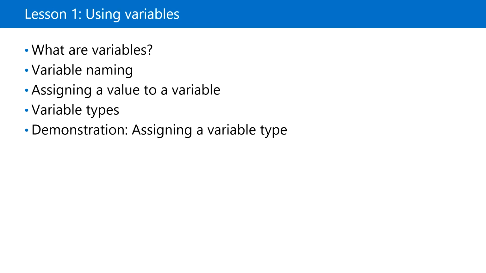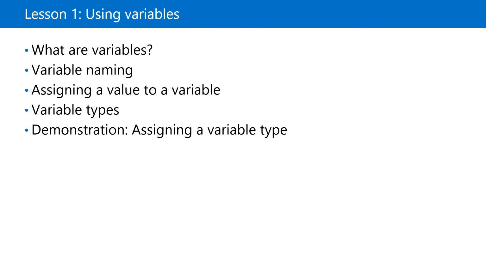Okay, next in lesson 1, we'll see using variables. In this lesson, we will learn about variables and some of the rules on how to use them, because this is very important to ensure that the data we store in the variable is in the correct format and can be easily accessible.